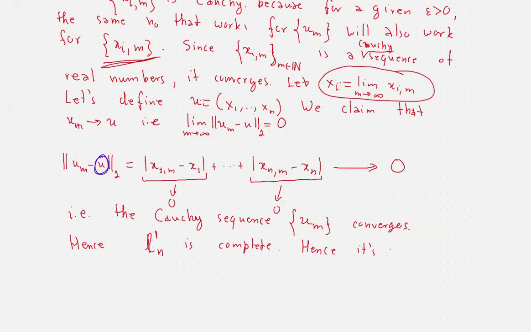So, in fact, one shows something much, much more general, that take any finite dimensional vector space and consider any norm on that vector space, then it's automatically a Banach space, meaning it's automatically complete. So what we proved is not just some oddity.